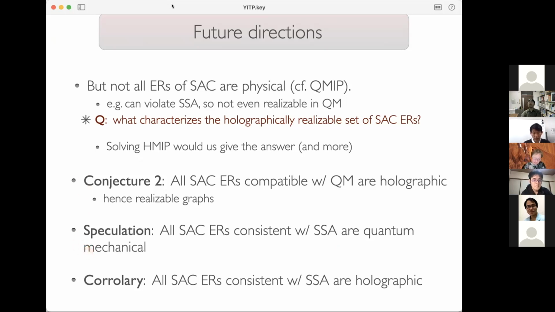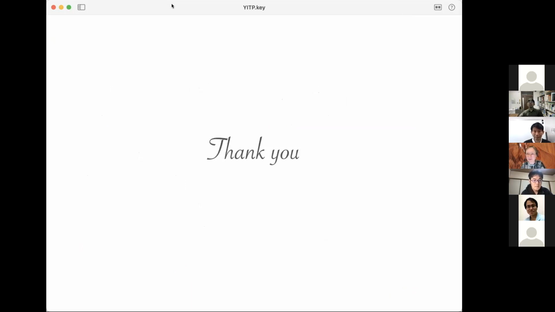If both of these are true, then the corollary would be that it's just the extreme rays of the subadditivity cone that are holographic, which are what we need. But that's still work in progress. Since I'm out of time, I will stop here, thank you for your attention and invite questions.